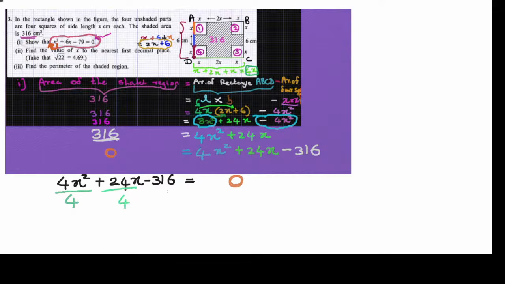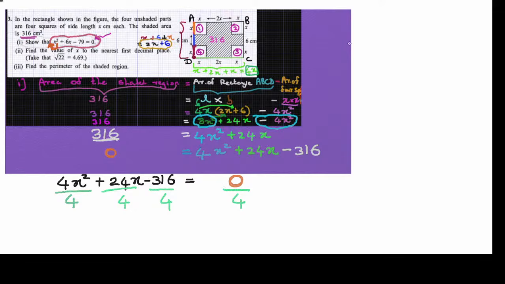If I divide only one term, I'm changing the meaning of the equation, which I'm not allowed to do. So to preserve the meaning, I divide all the terms by 4.